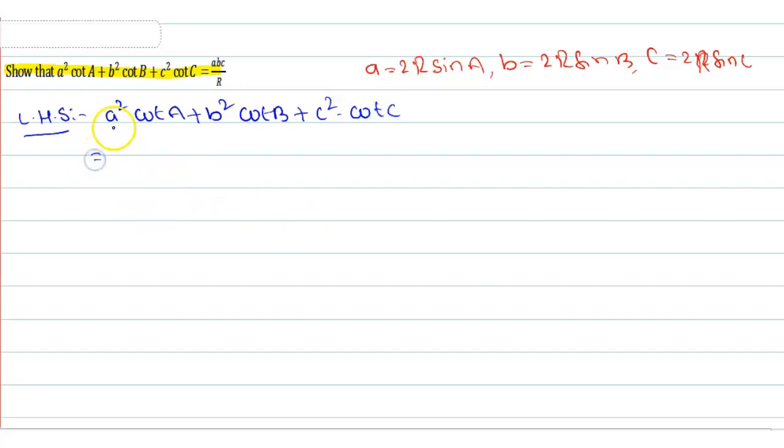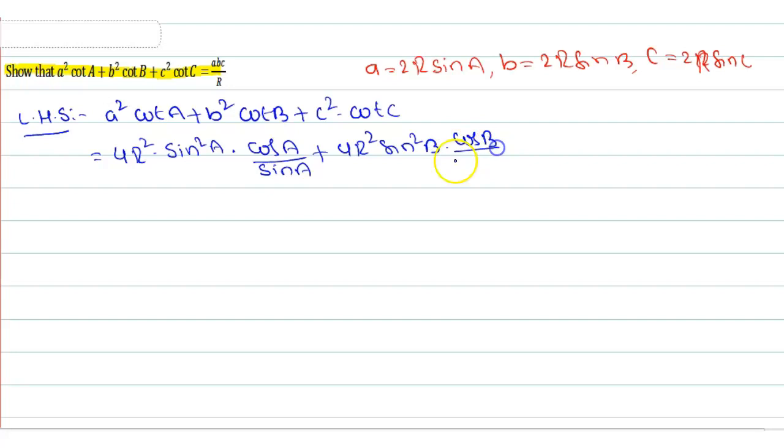Now here a² with a value 2R sin A squared is 4R² sin²A into cot A, which can be written as cos A by sin A, plus b value is nothing but 2R sin B, that is 4R² sin²B, and cot B can be written as cos B by sin B, plus c is nothing but 2R sin C, that can be written as 4R² sin²C into cot C, which is nothing but cos C by sin C.